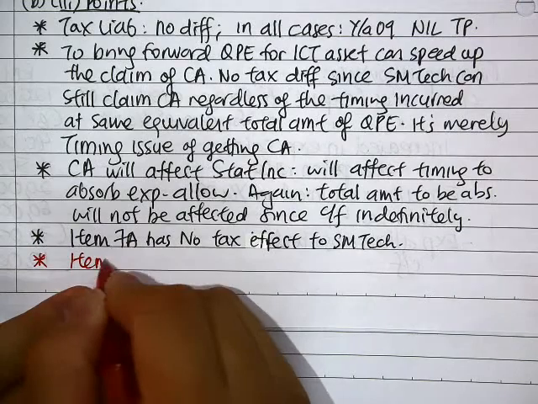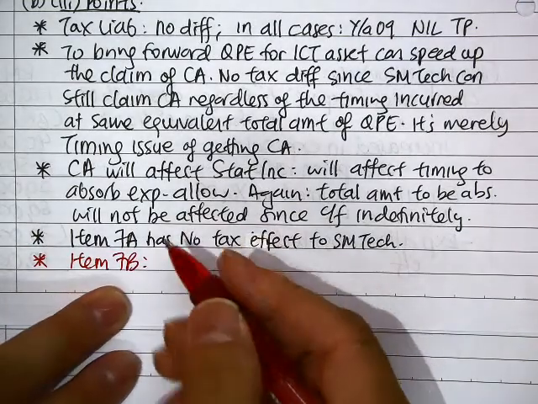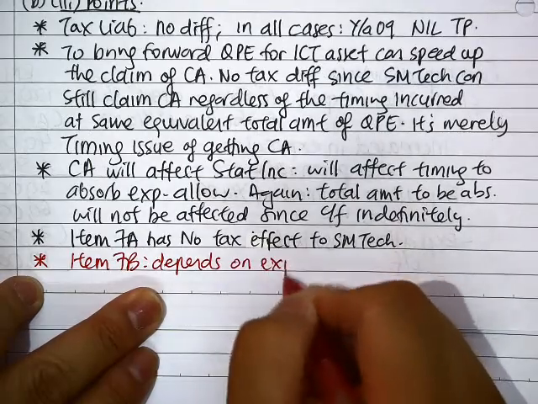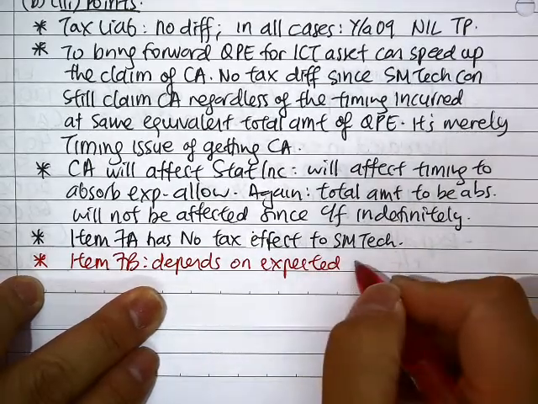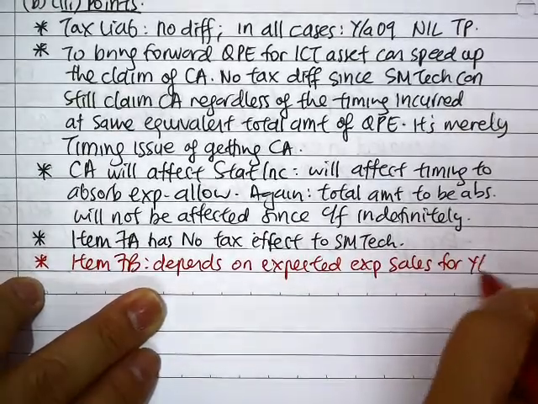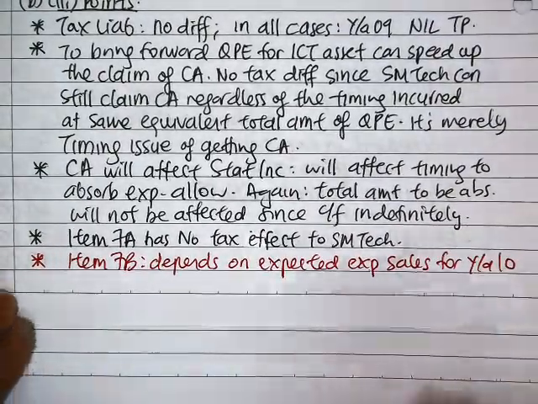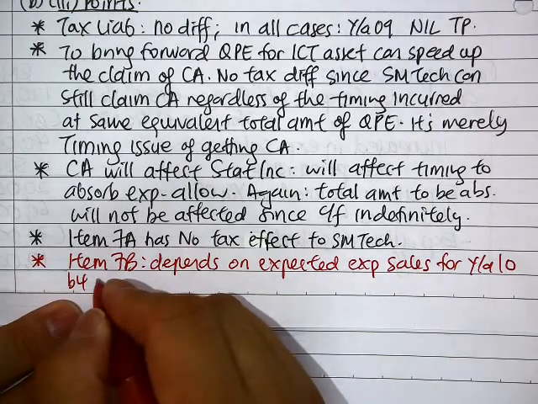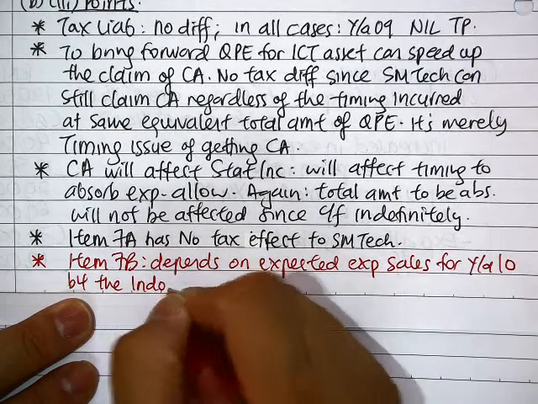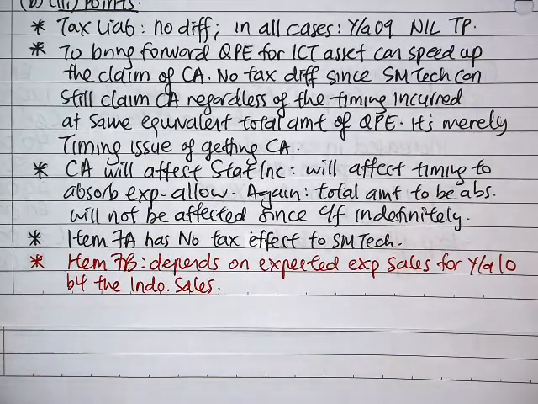Now, but for item 7B, it depends on what is your expected export sales for 2010 before the Indonesia sales.